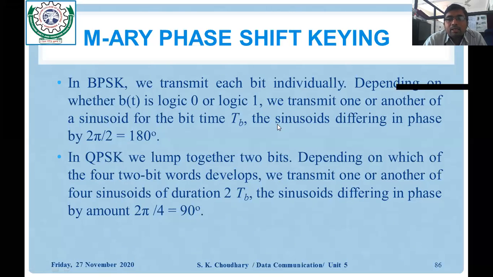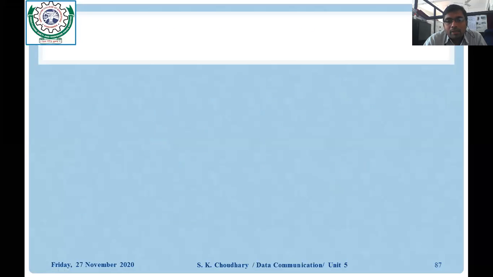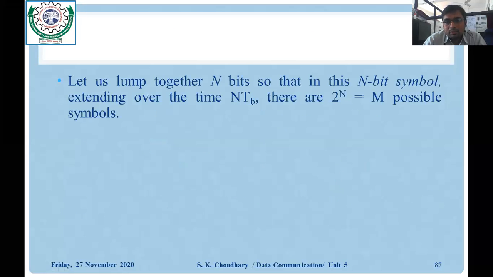In a similar fashion, in QPSK we combined only 2 bits. If we combine n number of bits, an n-bit symbol is generated, and this n-bit symbol extends over n TB time period, and there are 2 raised to power n possible symbols.